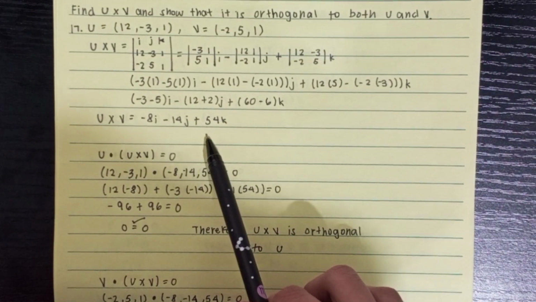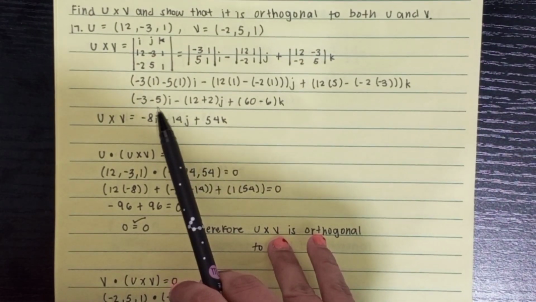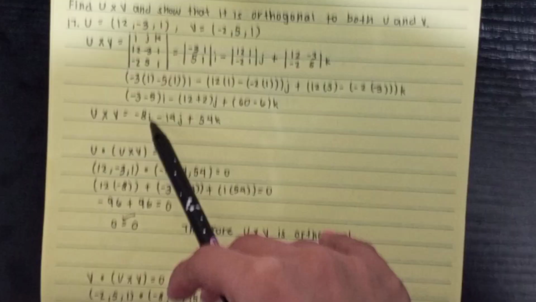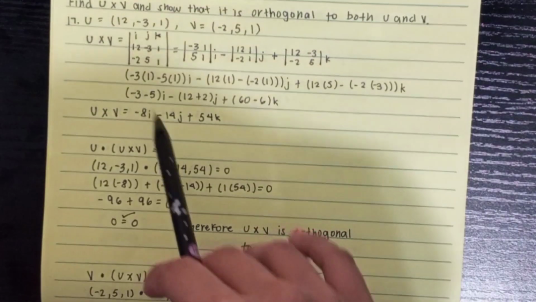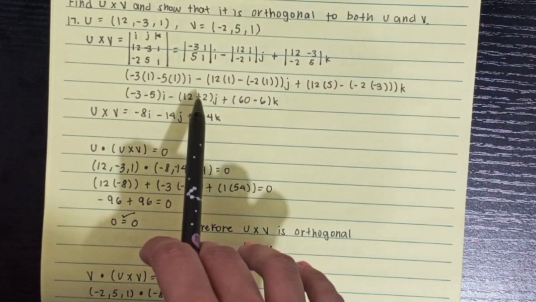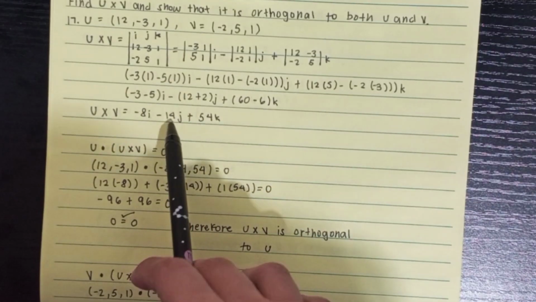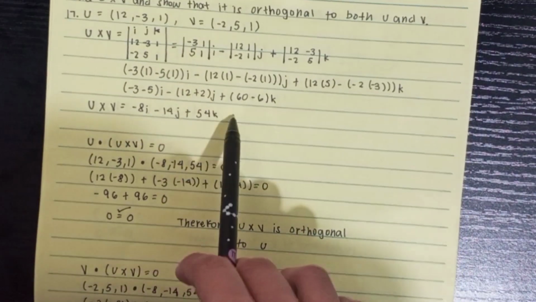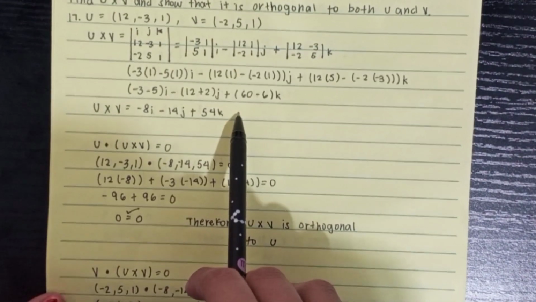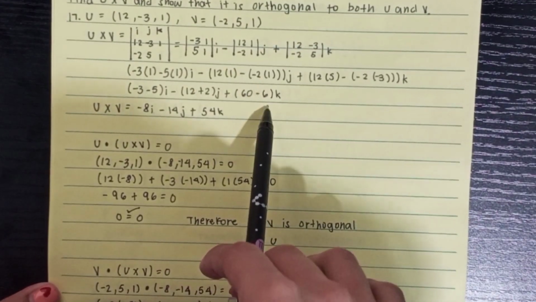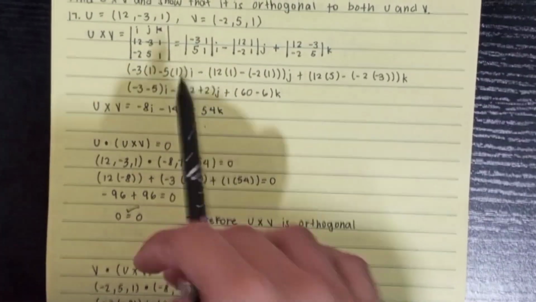And then -3 minus 5 is equals to -8i, minus 12 plus 2 is equals to -14j, plus 60 minus 6 is equals to 54k.